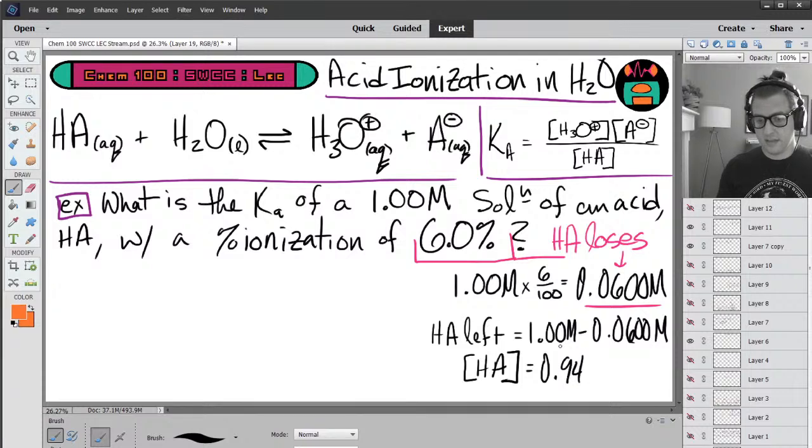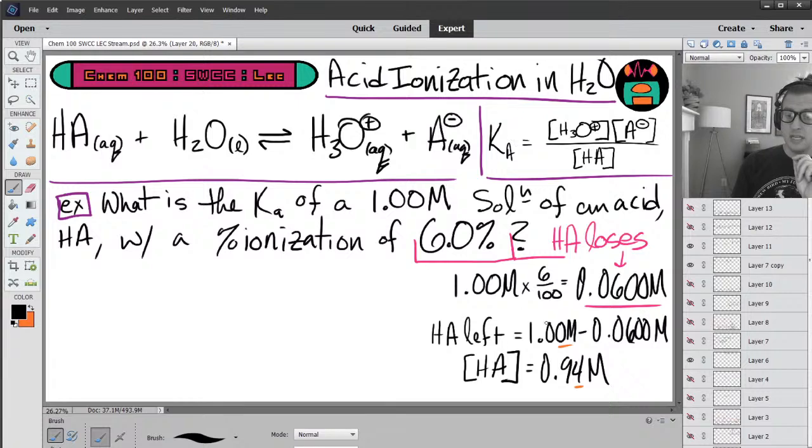We've got to have our last sig fig in the second decimal place. Now the amount that it loses here is also important because it also tells us the amount of hydronium made and the amount of conjugate base made.